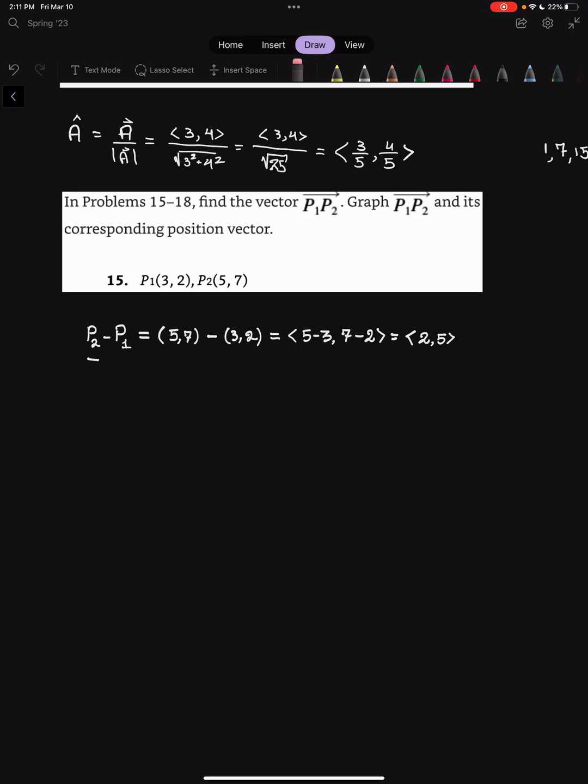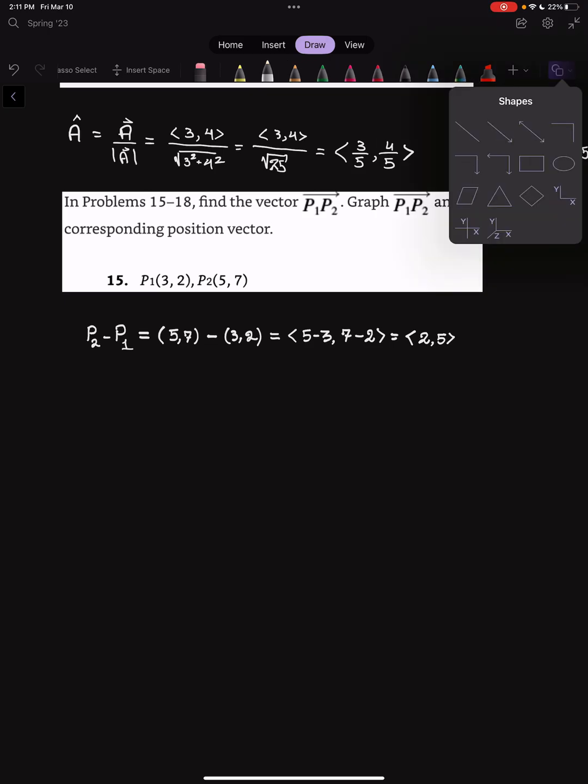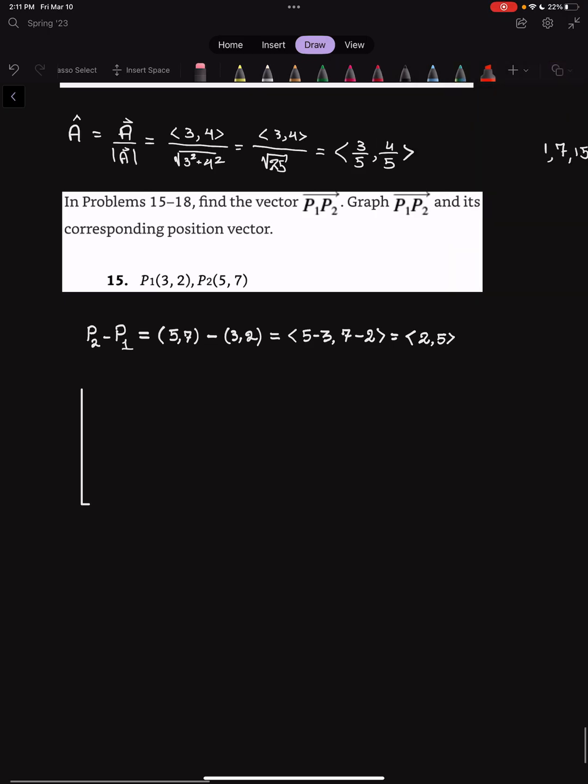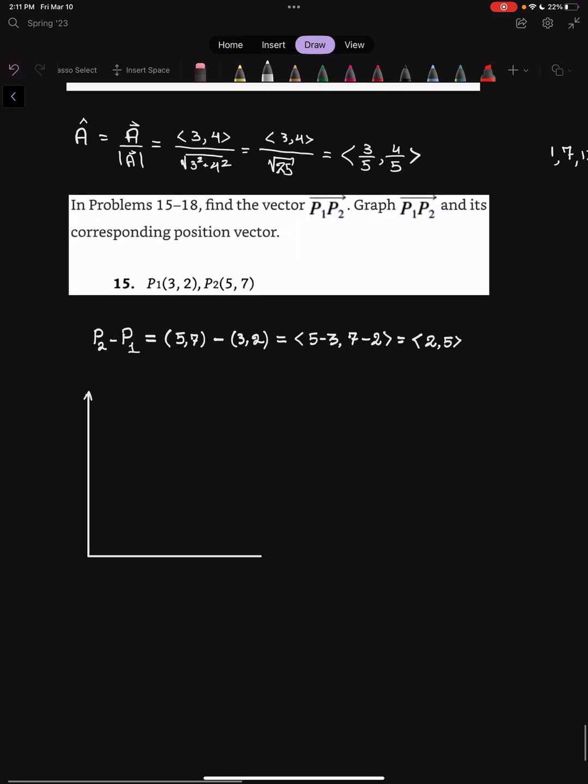Now let's see visually what that means. So let's say we have an axis system, and let's say these are our x-axis and this is our y-axis.